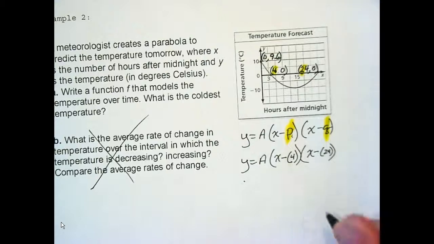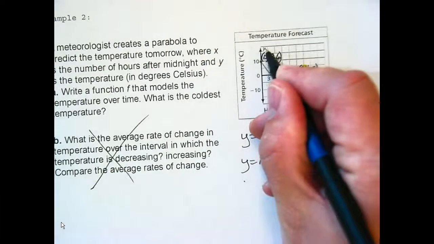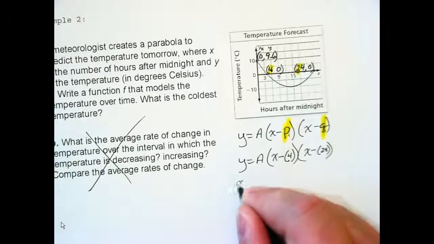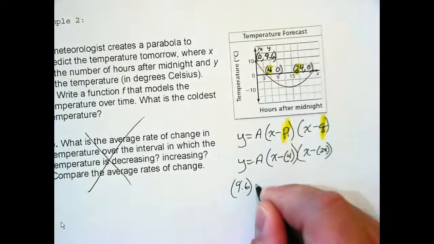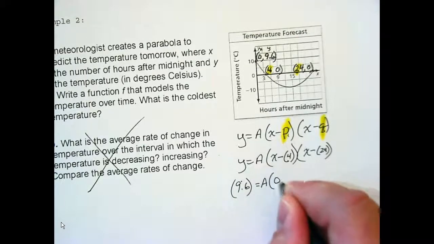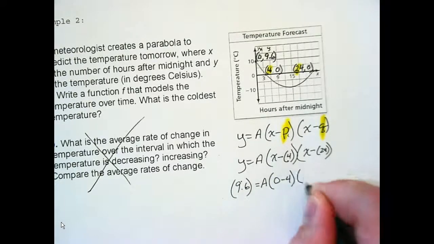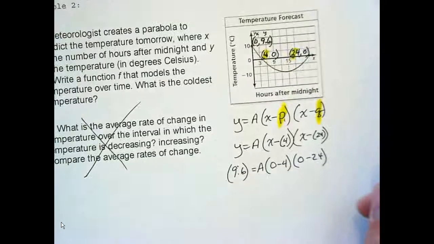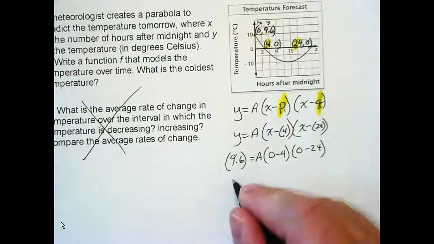Okay, so we need one other point, and they happen to give us X and Y here. So we can substitute 9.6 and 0. We crank it out.